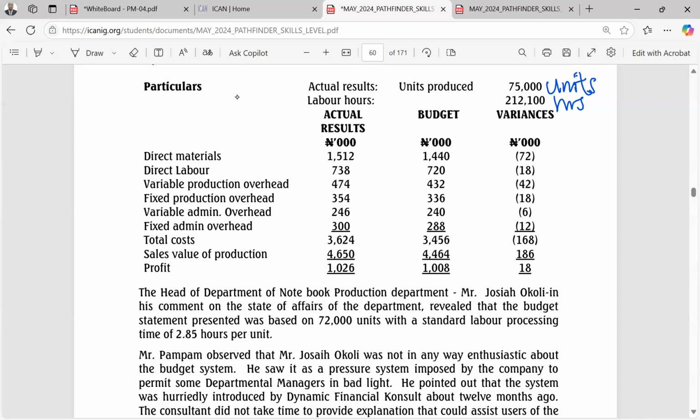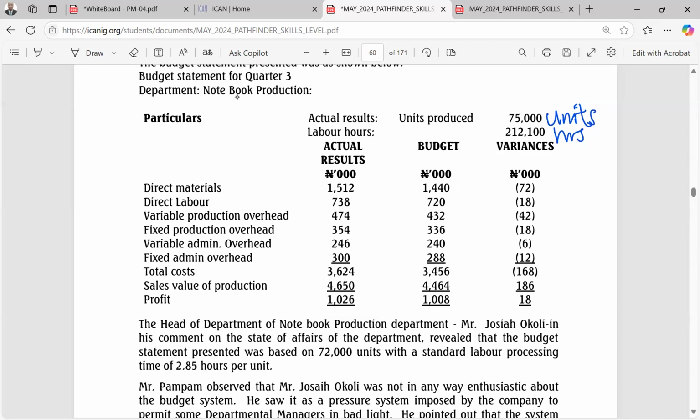Now, the head of department of notebook production department, Mr. Josiah Okoli, in his comments in the state of affairs of the department, revealed that the budget statement was based on 72,000 units.